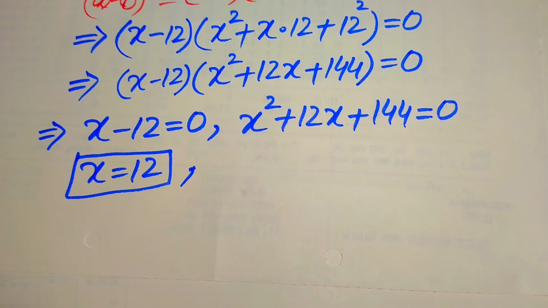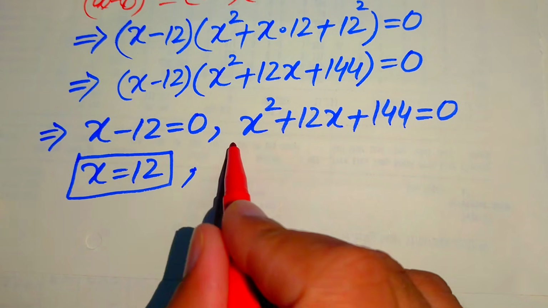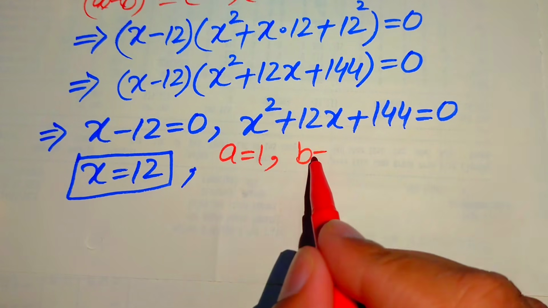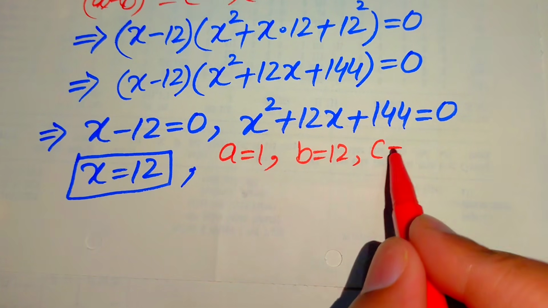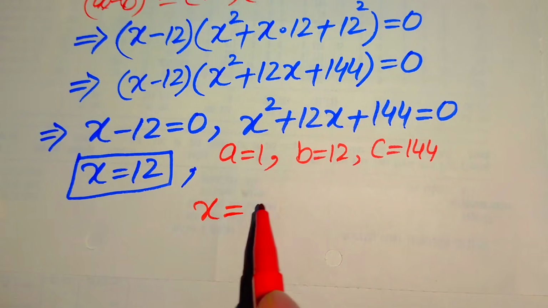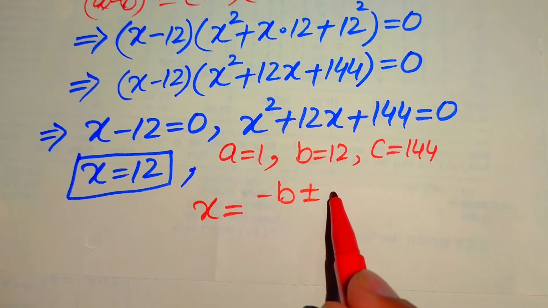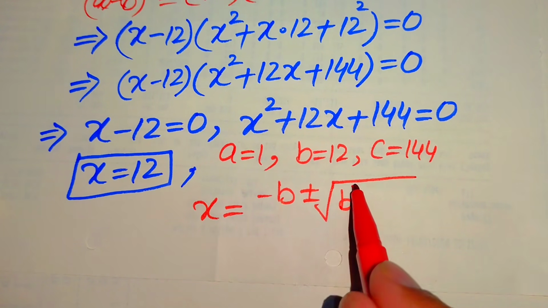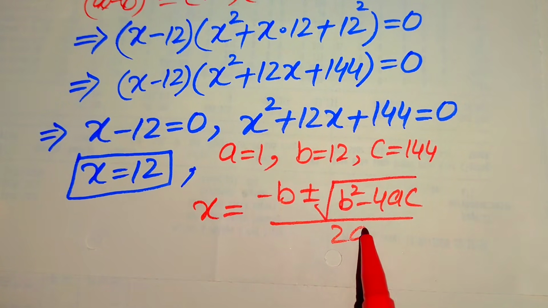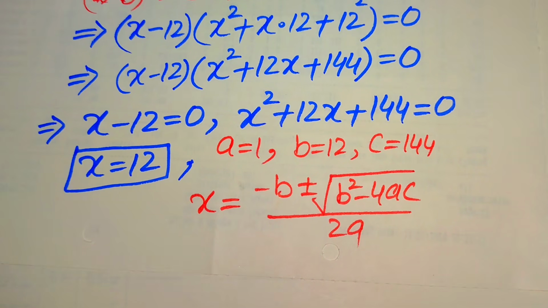So we use the quadratic formula to solve this quadratic equation, and for this we write the coefficients of this equation: a equals 1, b equals 12, and c equals 144. We state the quadratic formula as minus b plus or minus square root of b square minus 4ac, divided by 2a.